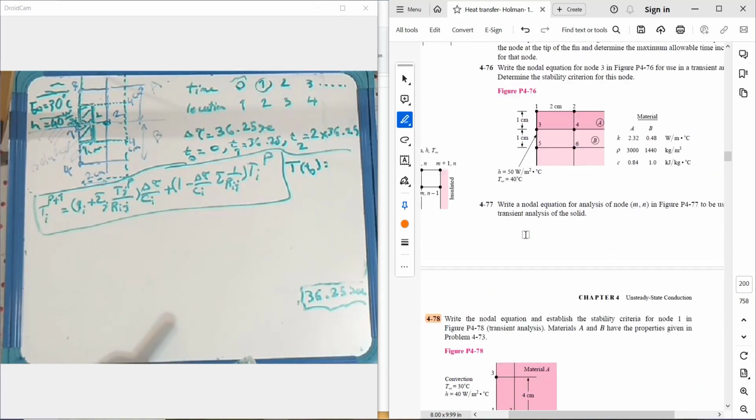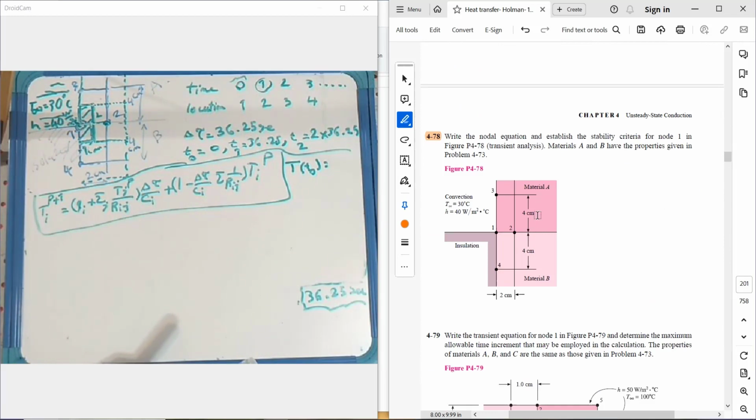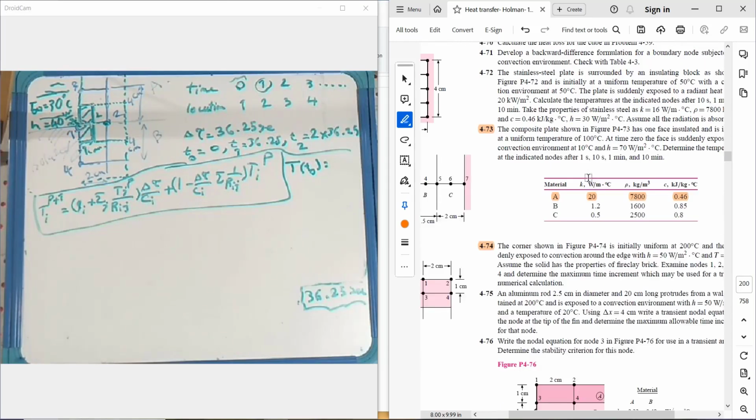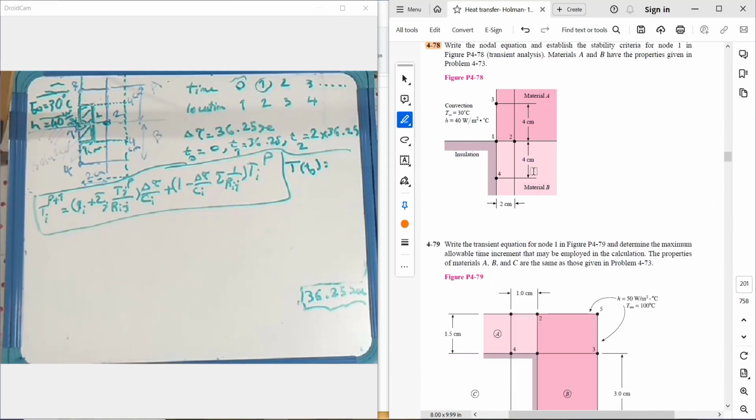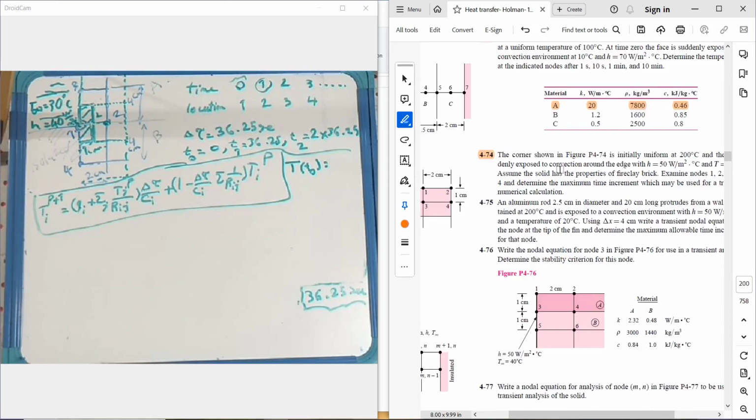What is the value of that? We go back to our problem 78. Oh no, we don't have it. We don't have the temperature. What temperature of this one?